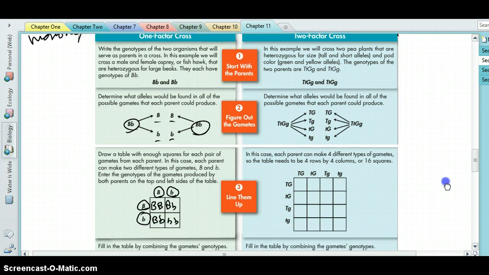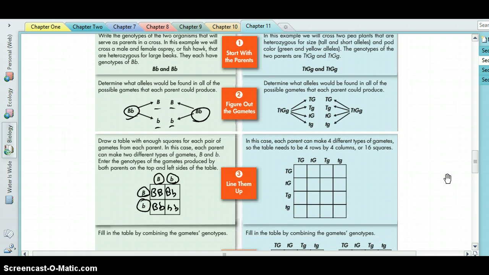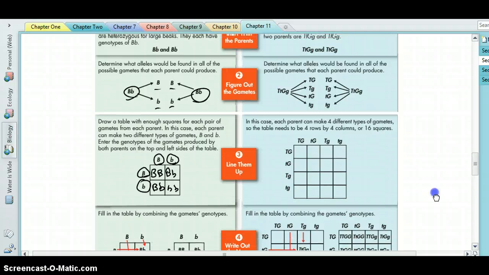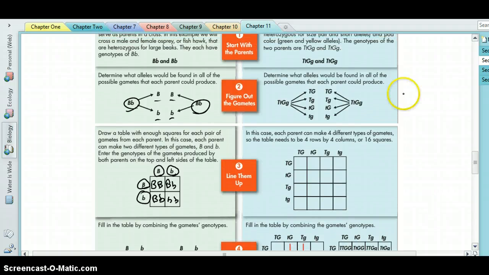And here we've got two different genes, the T and the G gene. So when you've got this combination, again, each gamete is going to get one copy of each gene. It's going to get one T and one G. We can get all possible combinations: the big T with the big G, the little t with the big G, and so on, down to little t, little g.